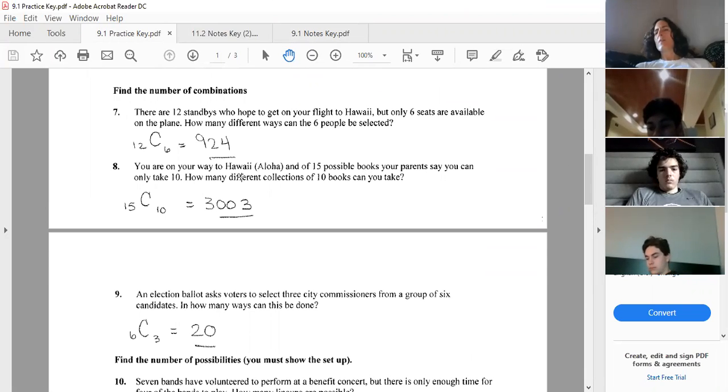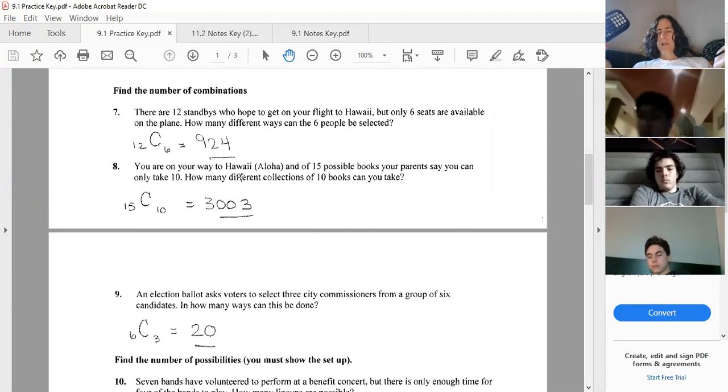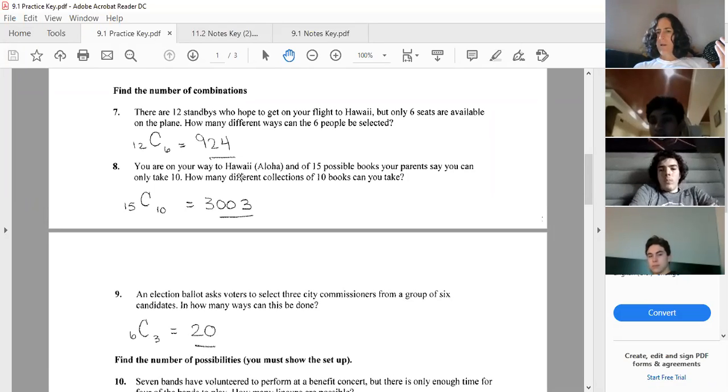One thing you may want to try is your graphing calculator, because it will do that formula for you. If you have your calculator nearby, go get it. I don't know if some of you have figured that out yet, but I'll walk you through it real quick on number 7. So turn your calculator on, obviously.